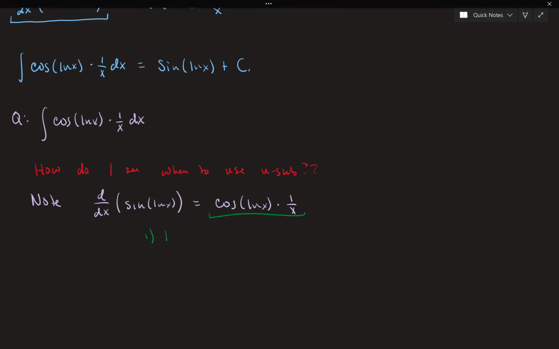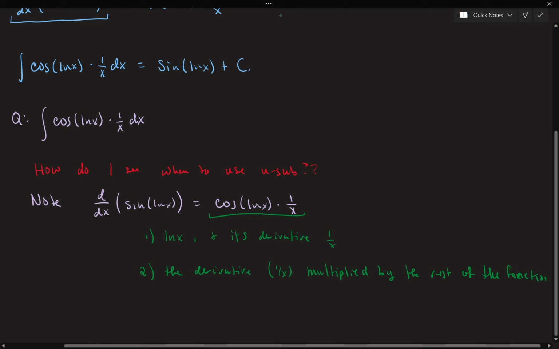I see a function ln x and its derivative, which is 1 over x. And I also see that derivative, which is 1 over x, multiplied by the rest of the function. So when I see an integral which has those two parts in it, that's how I know I need to do U-sub.